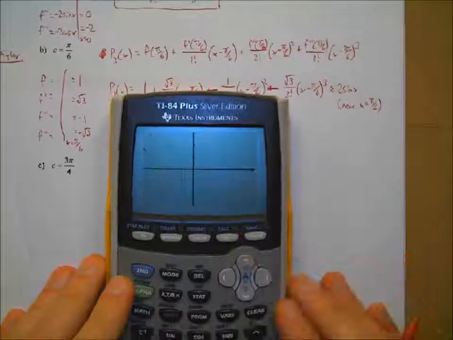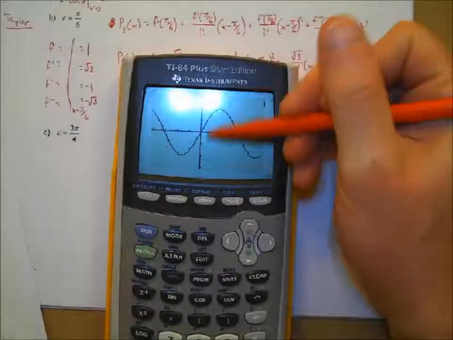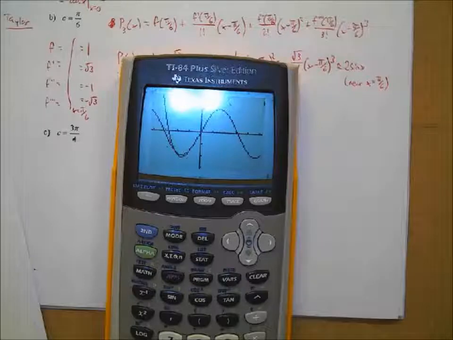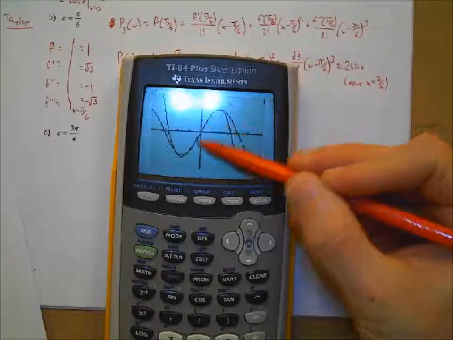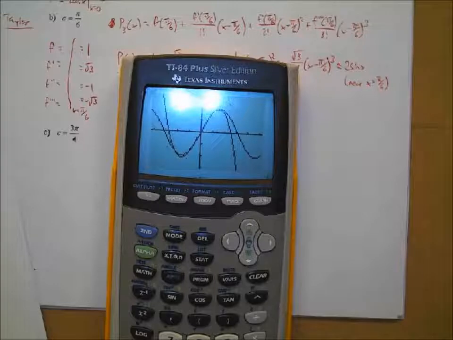So if you look there, the middle of the graph here will be at pi over 6, so somewhere like right in here. And so there's that polynomial. Again, you can see like right around in that area, it's a very good approximation, right? It's almost indistinguishable from the other curve there. Okay, how close it is. All right.